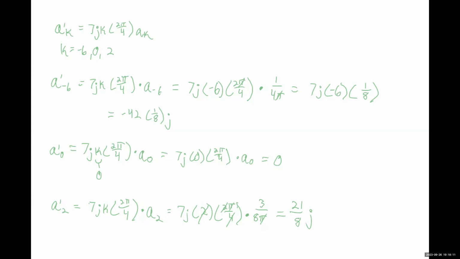And now for part D. We're going to get e to the minus j 2 pi t times x of t. So can anyone tell me what property is being used here?